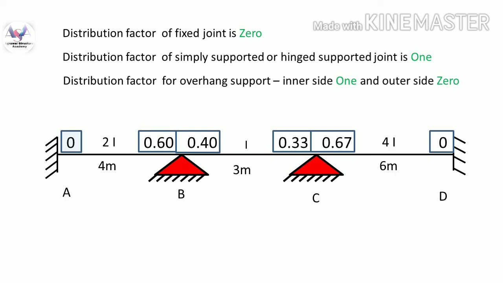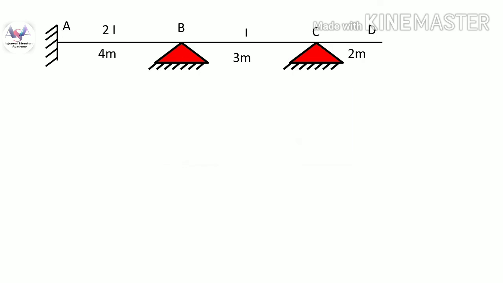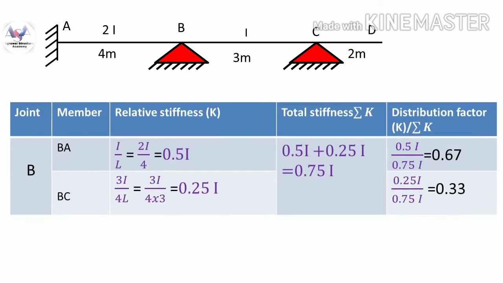Now this is the example where the overhang is here. At C is the overhang, C to D. So the standard value for the fixed end A is 0, and for the overhang the inner side is 1 and the outer side is 0.